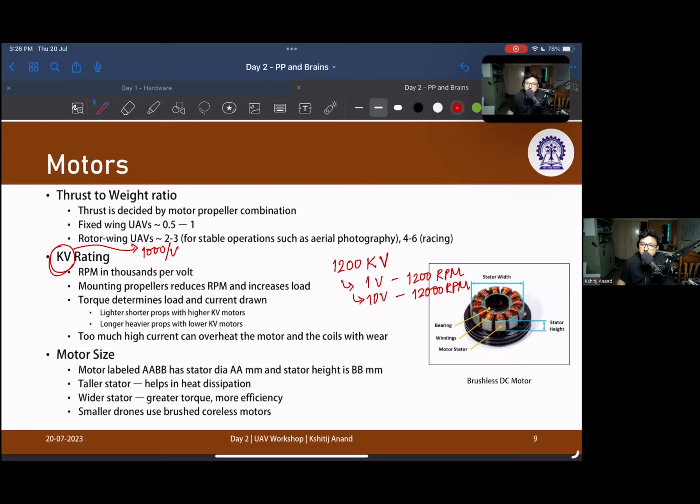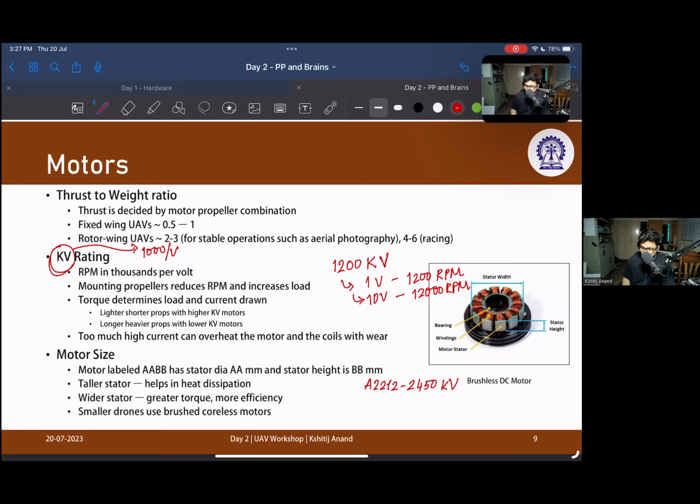How do you decide on a motor name and how do you select its size? Let's say the motor that I have used in my RC aircraft is A2212, 2450 kV motor.